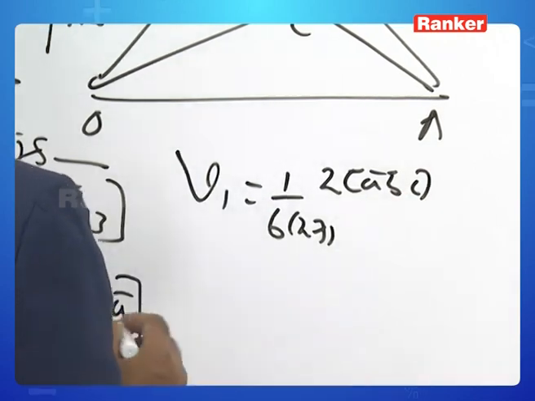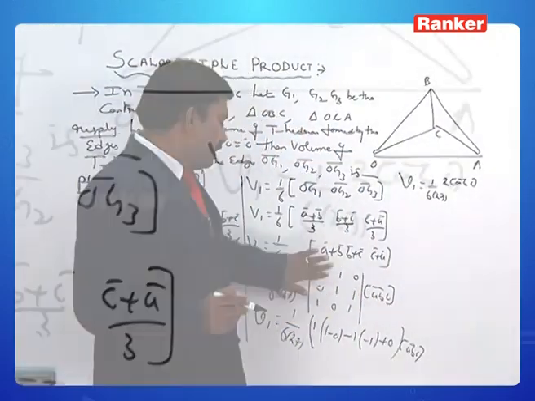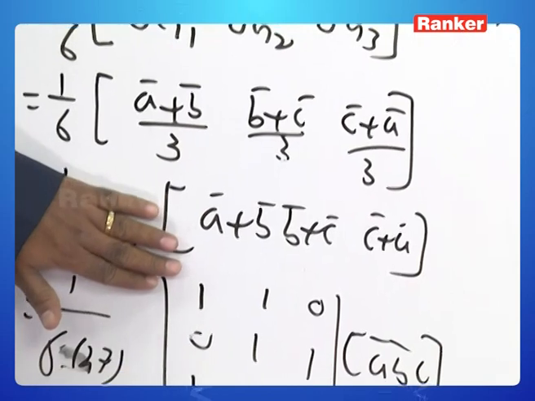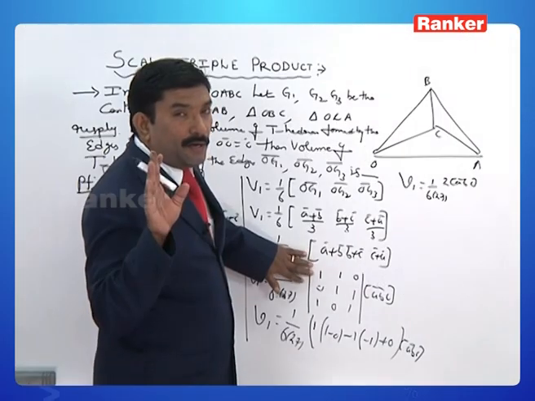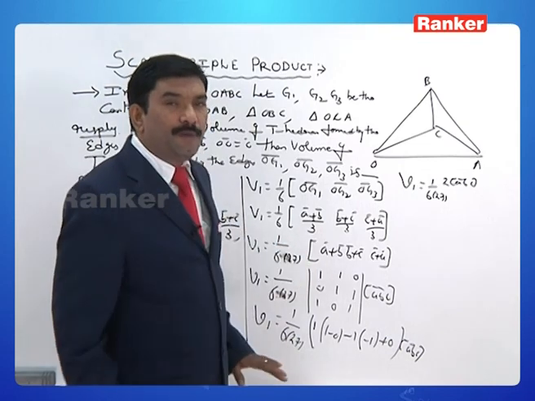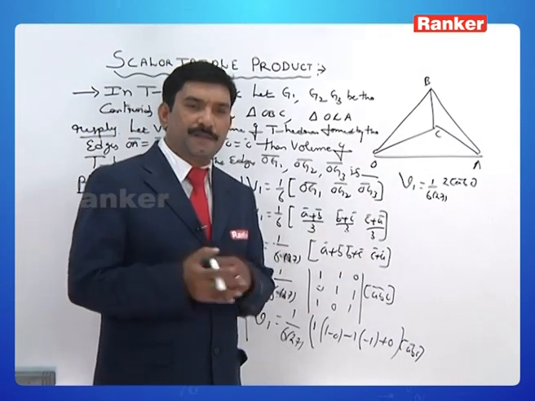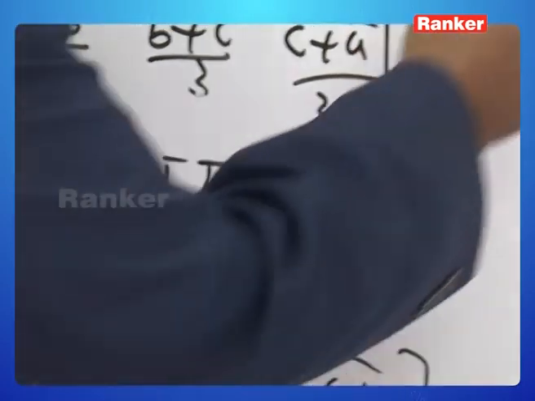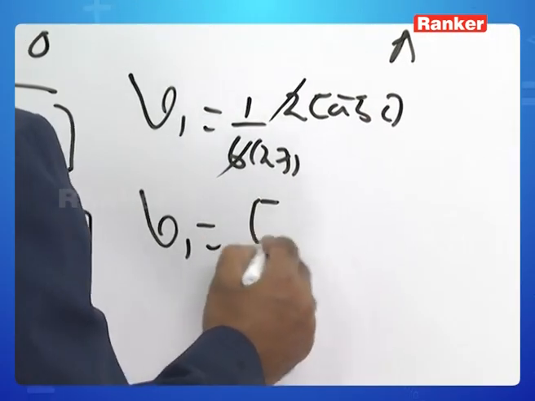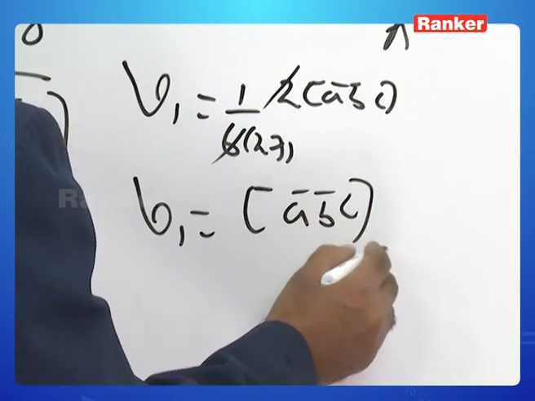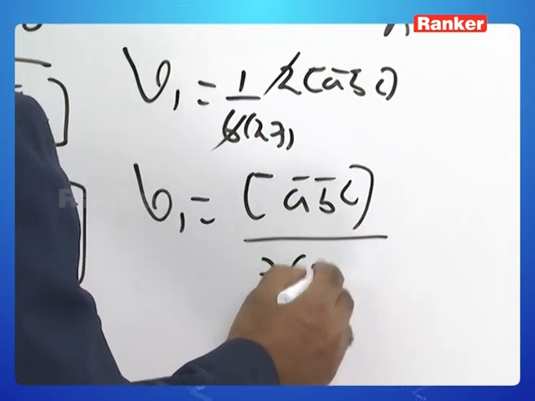Remember, wherever you come across box of A bar plus B bar, B bar plus C bar, C bar plus A bar, you are liable to write 2 into box of A bar, B bar, C bar. Followed? So therefore, now V1 is equal to, come on, box of A bar, B bar, C bar by 3 into 27.